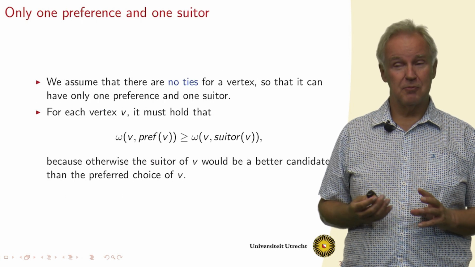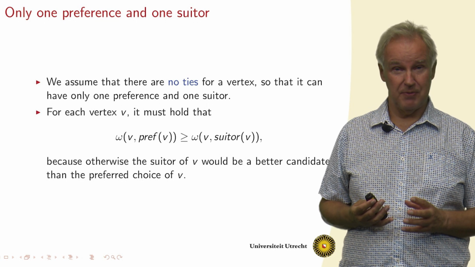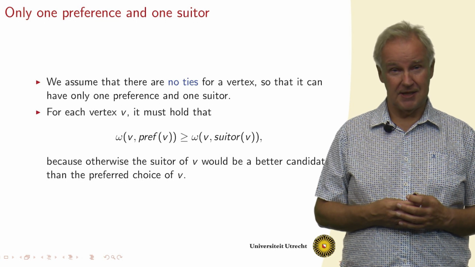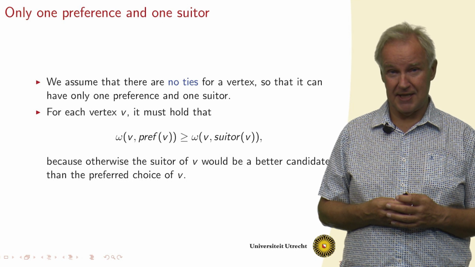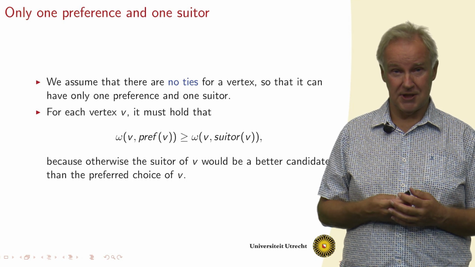We assume, to keep the algorithm simple for the time being, that there are no ties. So there's a unique preference that a vertex has, and also suitors are unique.